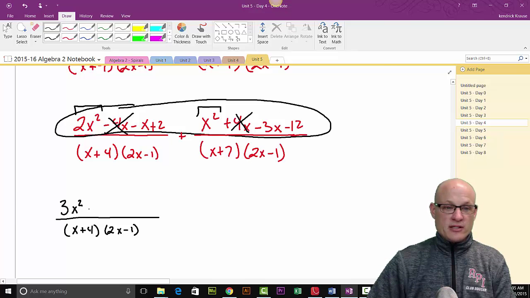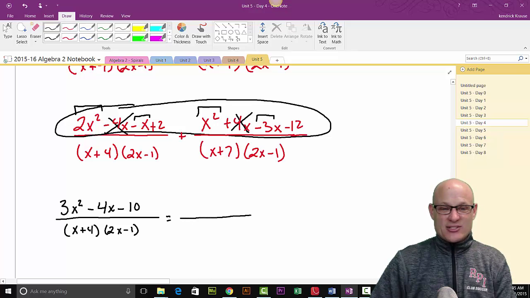So that leaves me negative 4x. Now why is it negative 4x? Because it's this and this put together give me negative 4x. And then plus 2 and minus 12 make minus 10. Well, I need to look to see if I can continue to factor. I don't think the numerator factors, but I have to look.